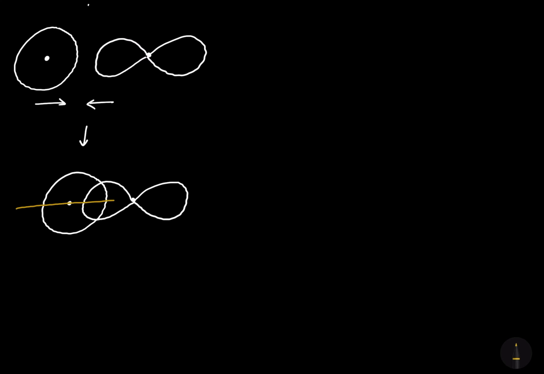So this is my internuclear axis over here, and here you can see that again that overlapped region is on the internuclear axis. So that's why it's a sigma bond, and this is between the s orbital and the p orbital, so it's a sigma s and p.